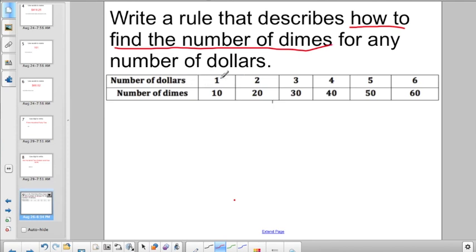So I'm going from dollars to dimes this time, starting at 1 and going to 10, or starting at 2 and going to 20. We're starting with a 3 and going up to 30, and so on, and so on, and so on, right?